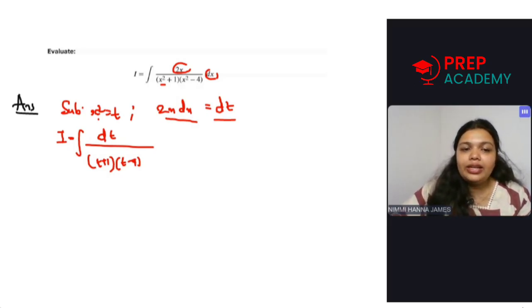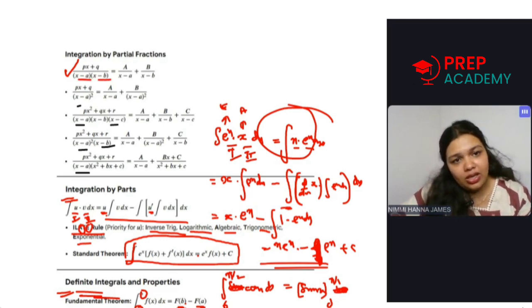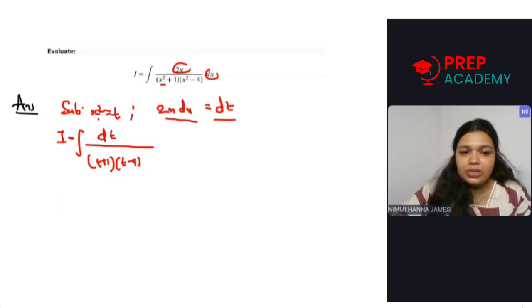So the integral of dt by t plus 1 into t minus 4. Now this is very simple. This is of the basic, the first type. In the denominator there is a function of the form x minus a into x minus b. Here it is t plus 1 into t minus 4.